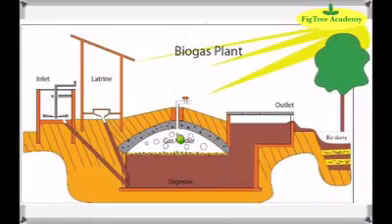Here there's formation of gas which is collected through this pipe, and here there's a gas water. Here is the outlet, where completely rotted waste is led through the outlet and used as a slurry or fertilizer. So this is another type of biogas digester.